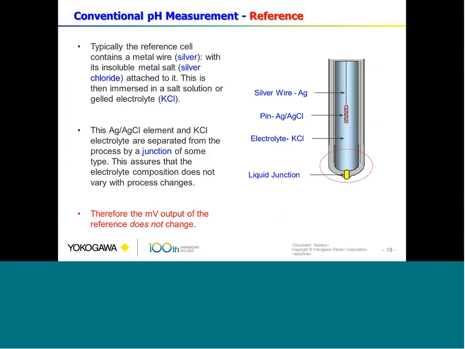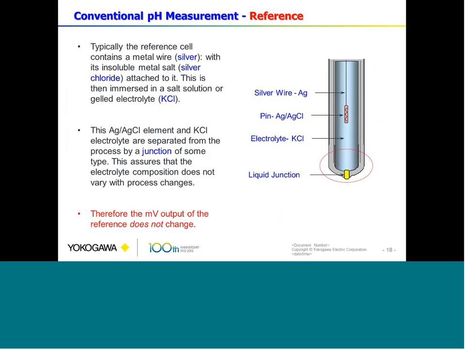Okay, now let's look at the other half of the measuring loop, the reference electrode. In order to measure the changing pH, we need, again, a stable reference value to compare against. And Mr. Nernst, he was having fun in his garage, I guess, but he took a metal, which is the silver wire shown here.